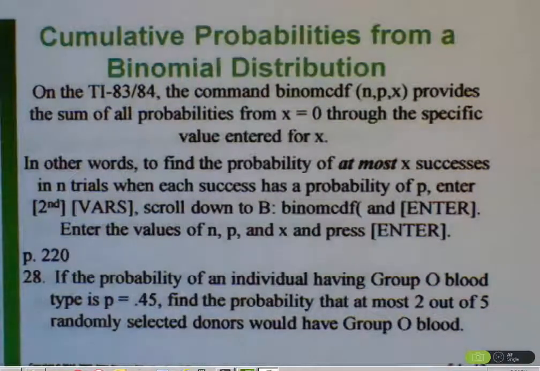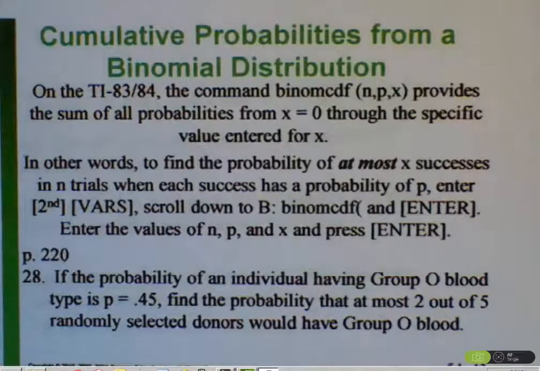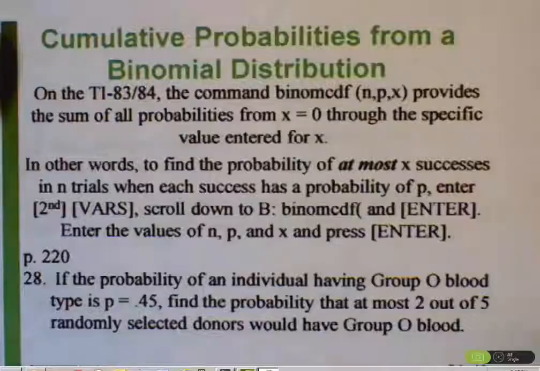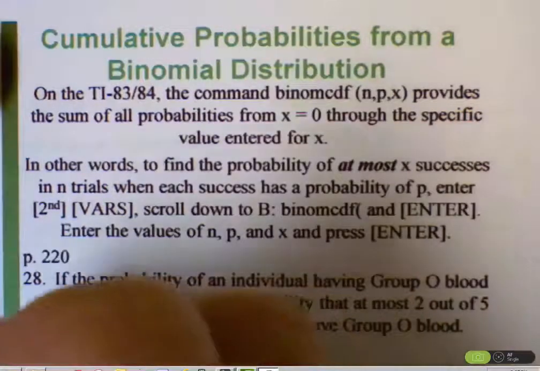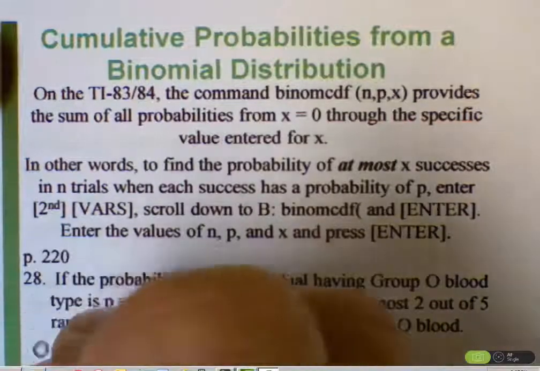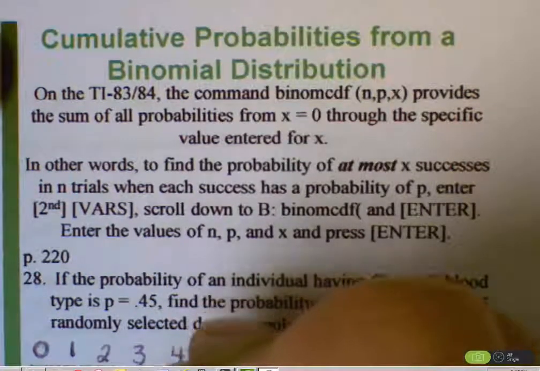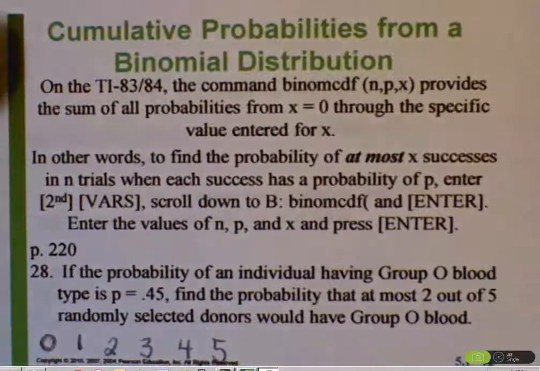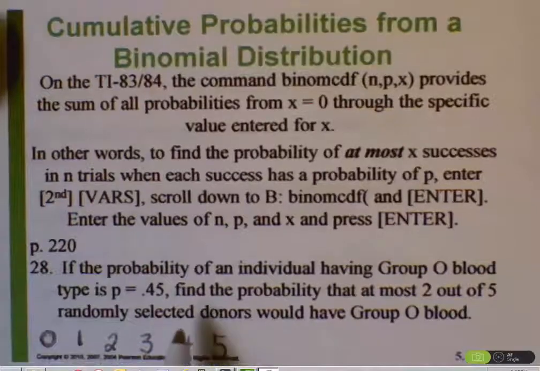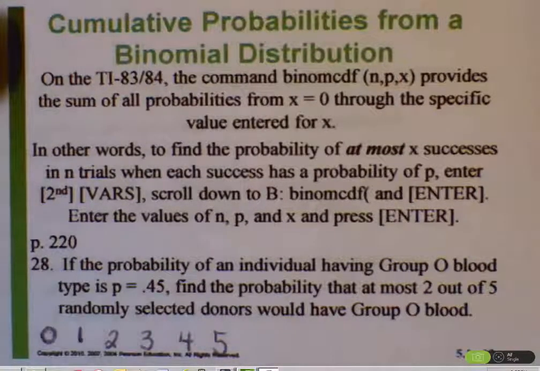For example, if the probability of an individual having group O blood type is 0.45, find the probability that at most 2 out of 5 randomly selected donors would have group O blood. If I selected 5 people and asked how many have group O blood, the answer would be either none of them, or all of them, or somewhere in between.